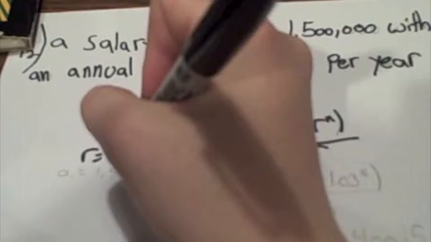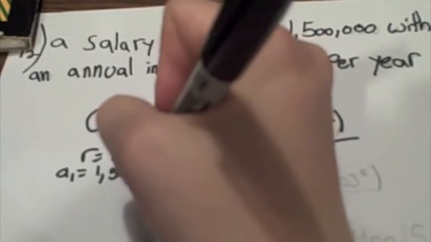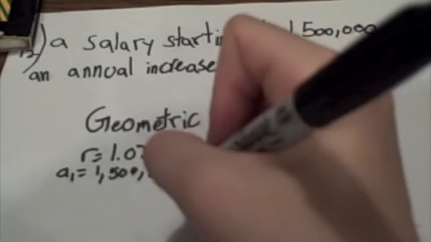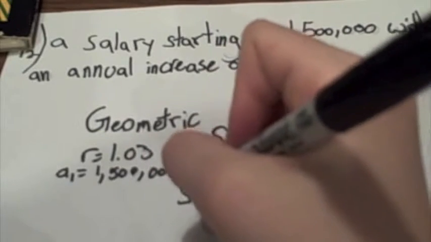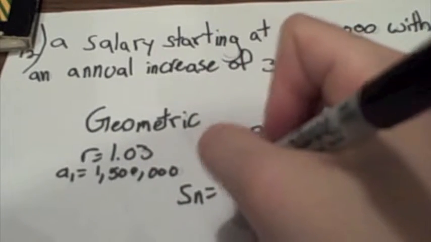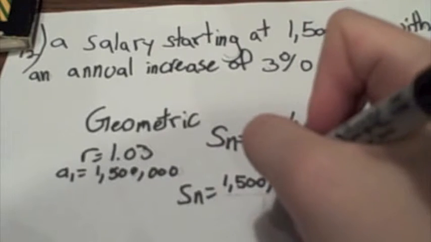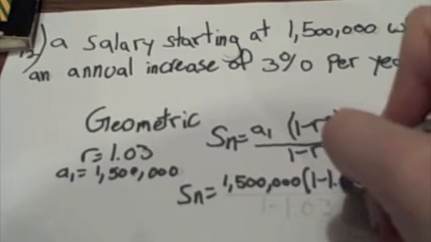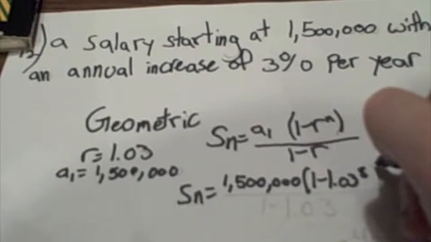If we plug everything in, it'd be Sn equals 1,500,000 times (1 minus 1.03 to the 8th power, for 8 years) over (1 minus 1.03), which would give us $13,338,504.08.